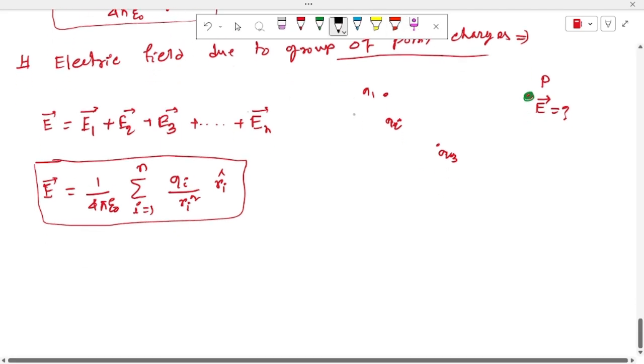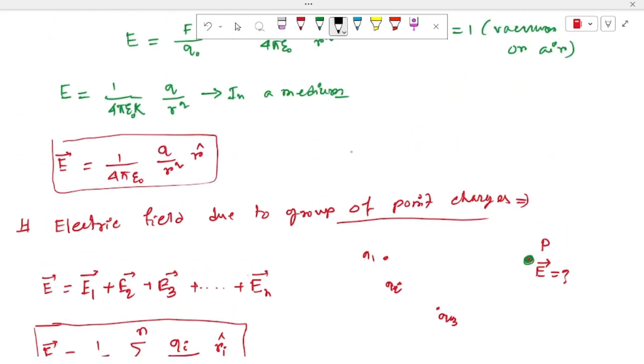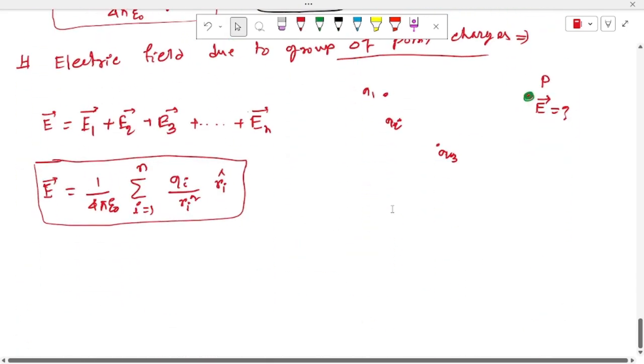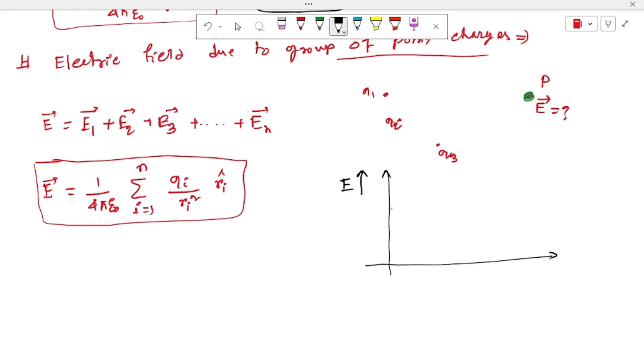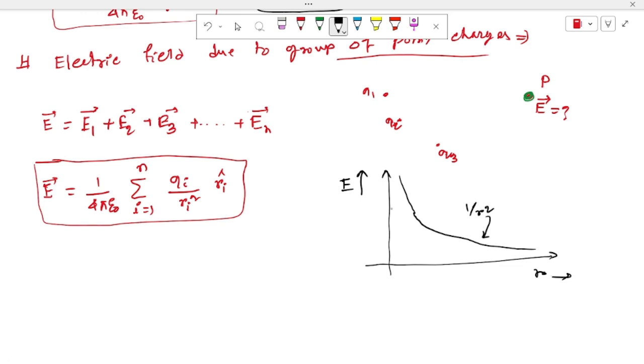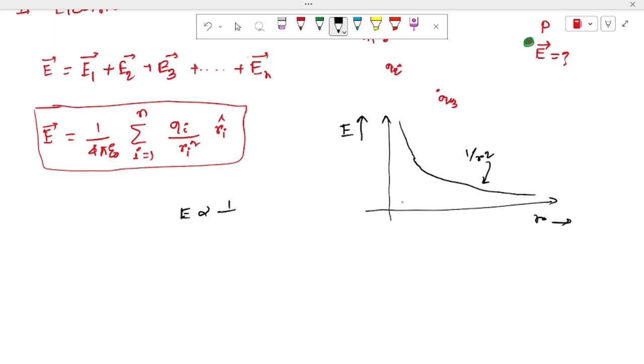Now, electric field is proportional to 1 by R square. So the variation of electric field intensity with the distance is this way, 1 by R square.